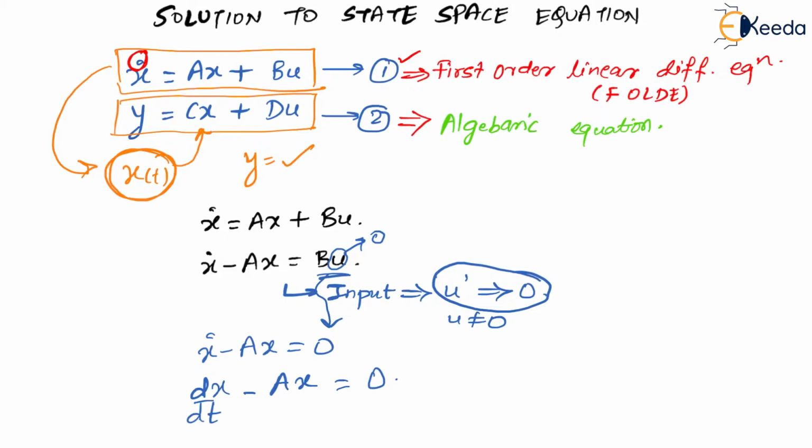In order to find the value of x, the simplest thing that can be done is the variable separable method. Before that, let me take Ax to the other side, so this becomes dx by dt equal to Ax. Now I need to use the variable separable method.